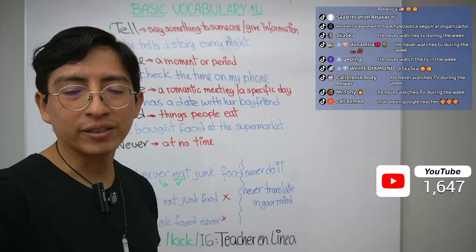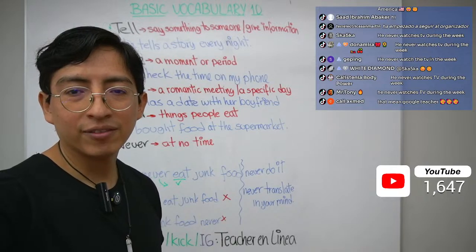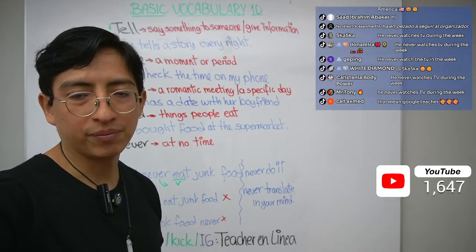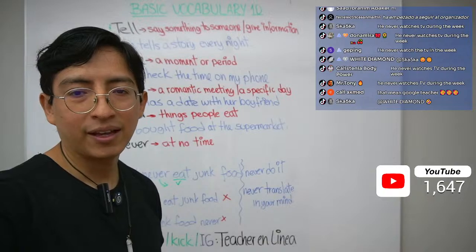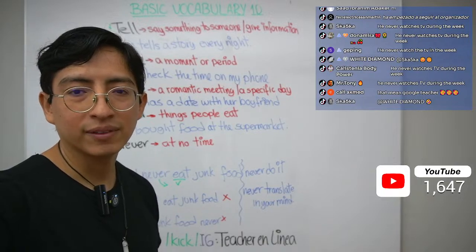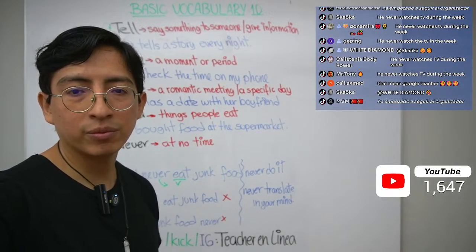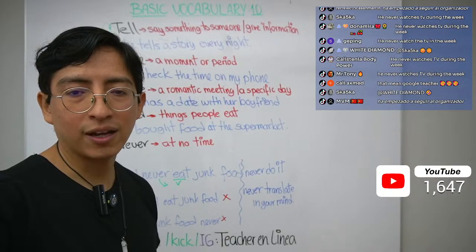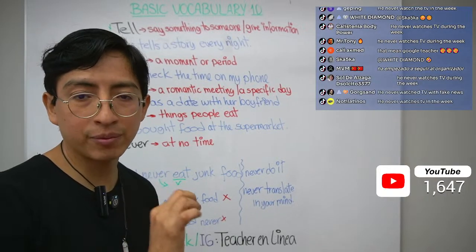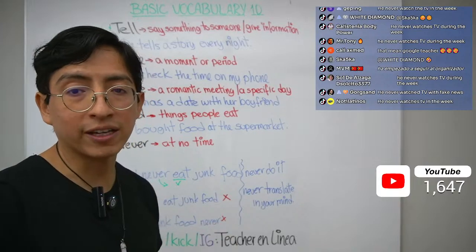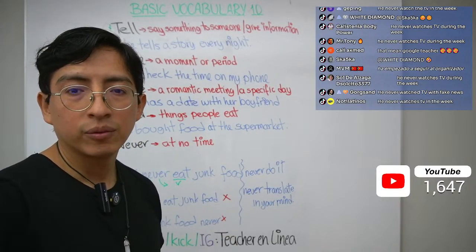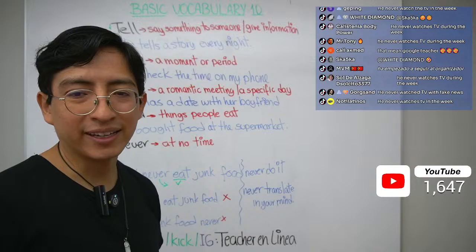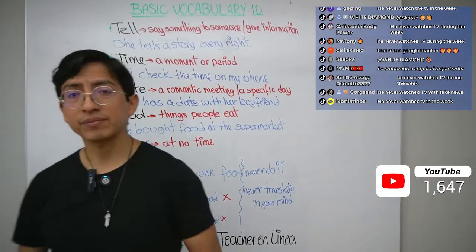Really? No, come on, Irina. I have never been in Asia. I have never done it. I've never been to Paris before. White Diamond, good sentence. I've never ridden a motorcycle. Never ever. Yes. Let's write it down.